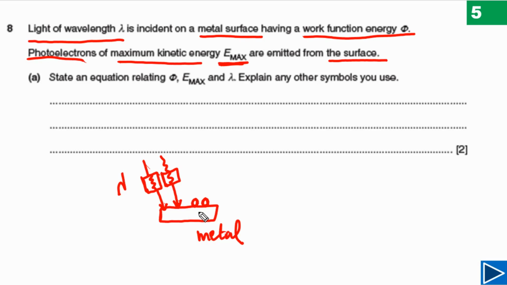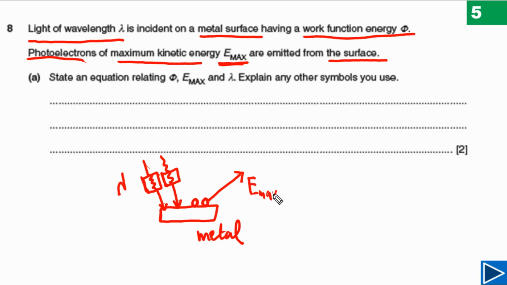So the electron will use some of its energy to release itself from the atom, and the remaining energy of the electron will become its kinetic energy. As the electron is released from the surface, this is the maximum kinetic energy possible. If we use this light and we have this metal, that will be the maximum kinetic energy possible.